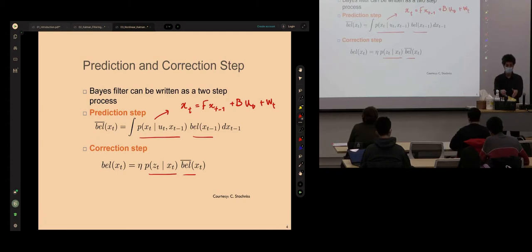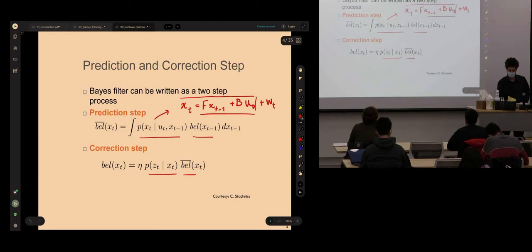This is a linear realization of this probabilistic model. So there is a deterministic part and there is a stochastic part.